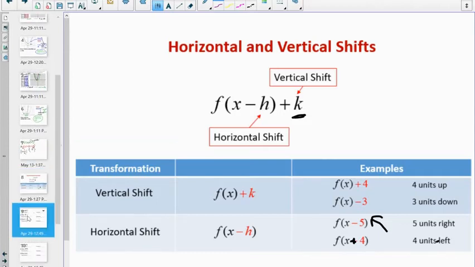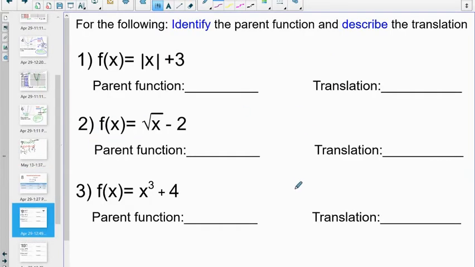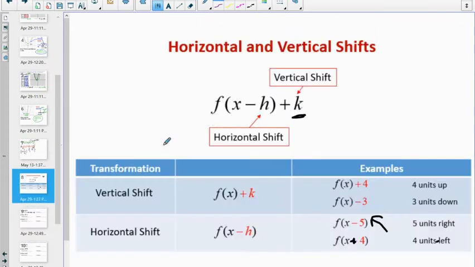I'll do some practice. So right now we're just identifying what the parent function is, and we're describing the translation. So this is absolute value of x, or you can just write absolute value. And the translation, is this a horizontal or a vertical change? Think, if it's inside the grouping, so if it's inside the absolute value, then it would be horizontal.